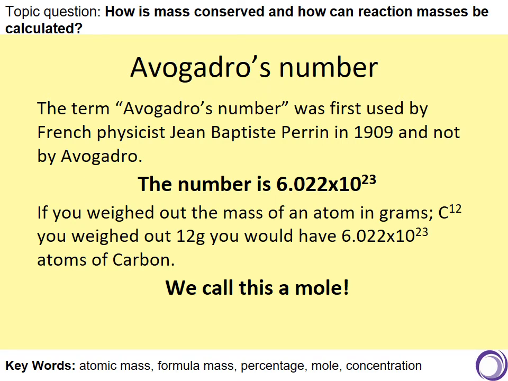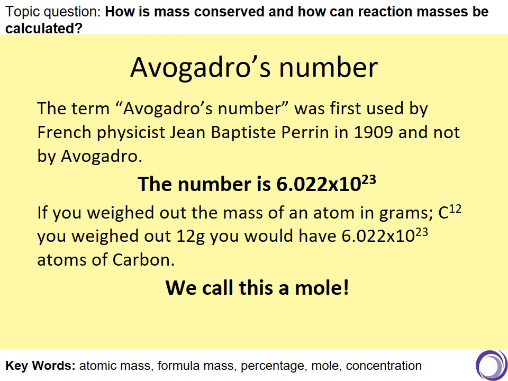So Jean-Baptiste Perrin found that not only was Avogadro correct, but he was also able to put a number on that. So he found that if you weighed out the mass of any atom in grams, it would have the same number of atoms in it.